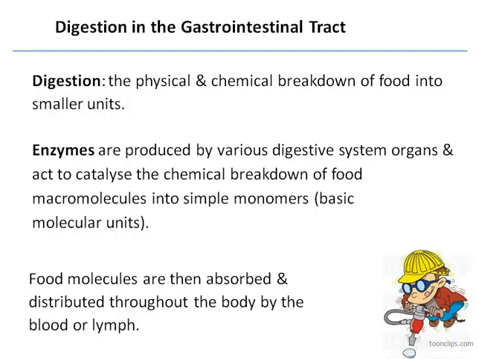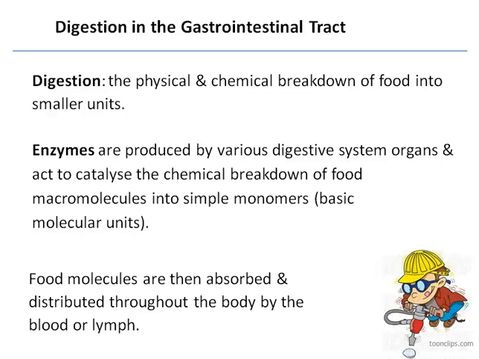Before we go further, it's important to discuss a basic concept about how the gastrointestinal tract operates. In this structure, digestion occurs, and digestion is the physical or chemical breakdown of food into smaller units. So large food particles being broken down into smaller food particles. Critical to this process is the production of enzymes.